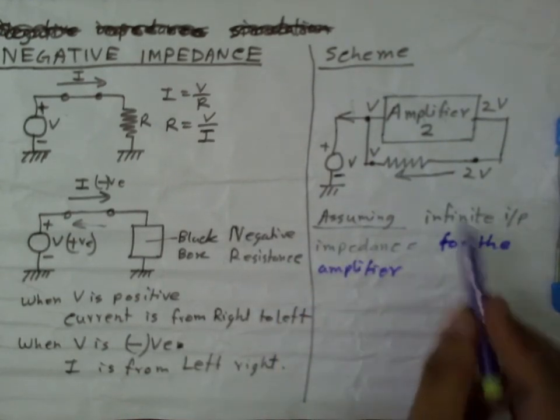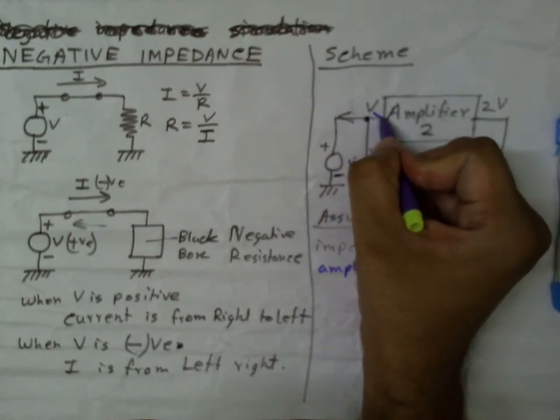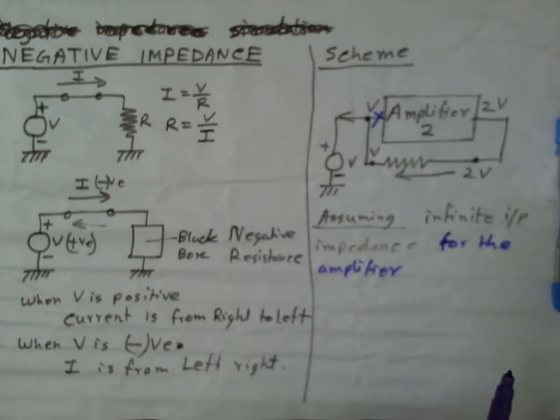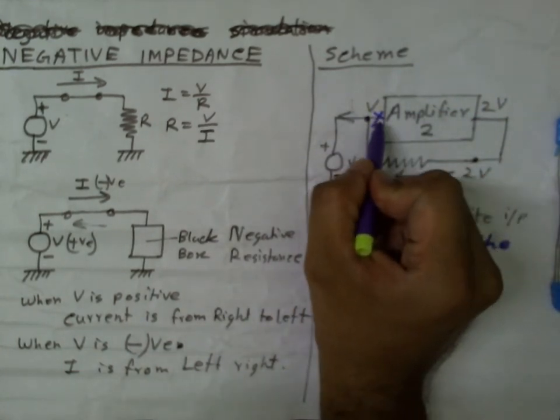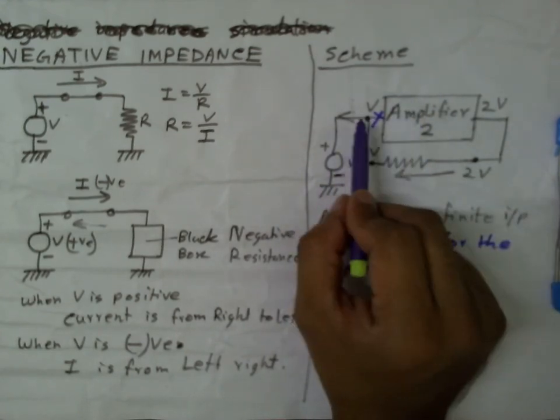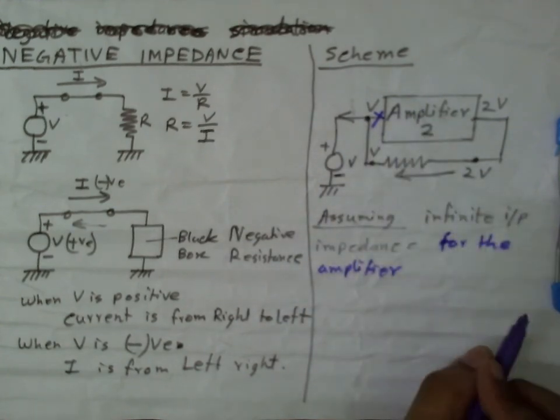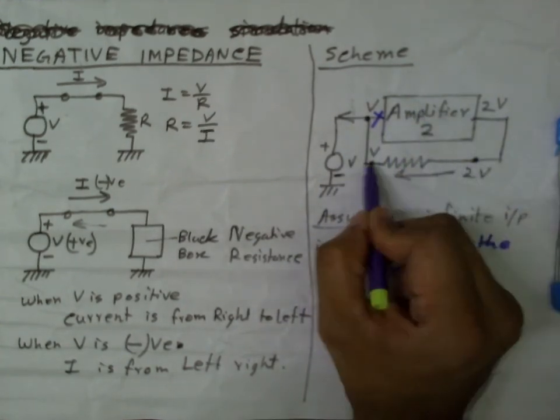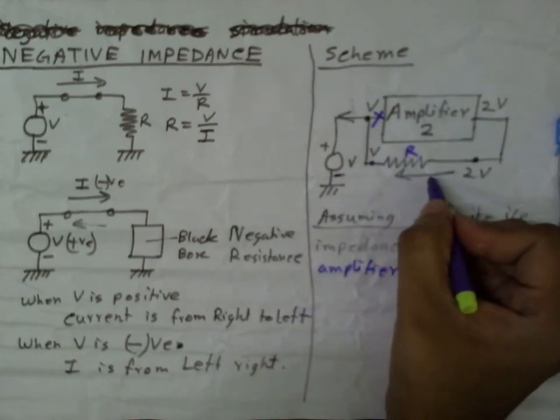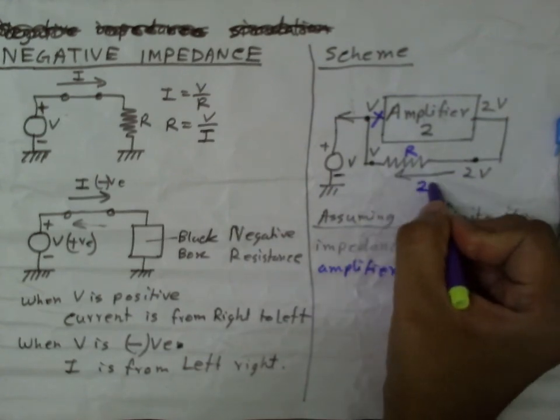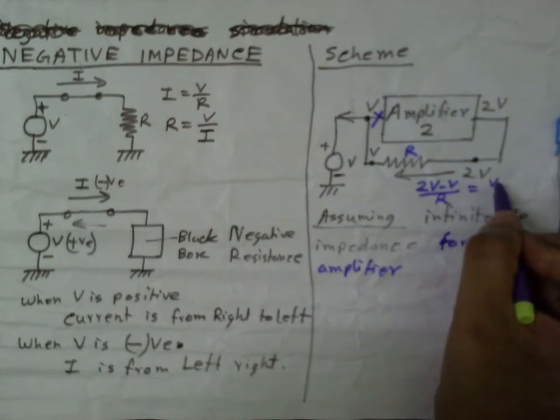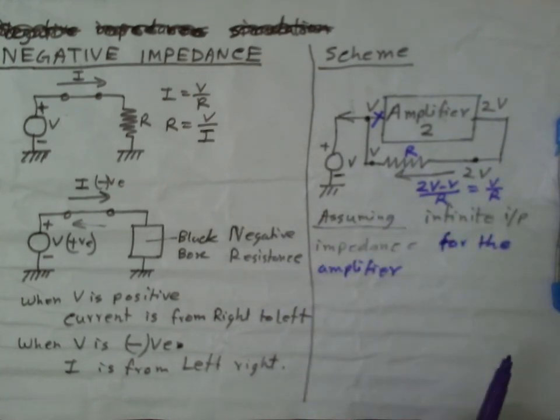By this, what I mean is that no current can go inside, nothing can come outside of this amplifier, like an op-amp. If you have studied op-amps, you know that an op-amp's input terminals allow no current to flow inside or out of the input terminals. So this entire current, if this is R, is definitely from right to left, and the amount is (2V minus V) by R, which is equal to V by R from right to left.